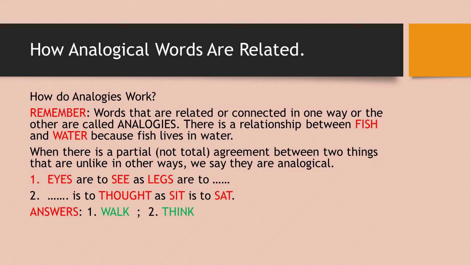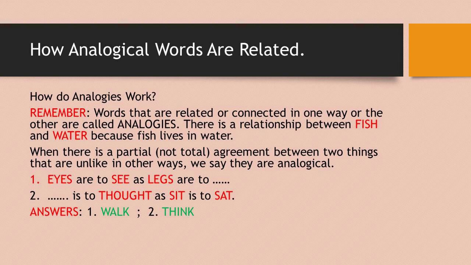Now, should I be talking about fish and water? I could call them analogies because, of course, fish has some relationship with water. They are not the same, are they? They are not. But somehow the relationship is that you would definitely find fish in water. Fish lives in water.